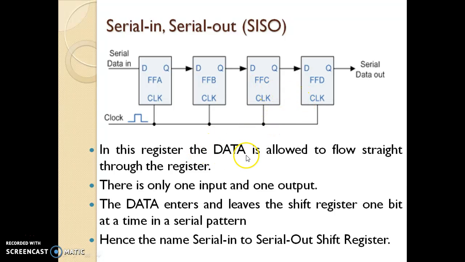In this register, the data is allowed to flow straight through the register, serially in and serially out. So there is only one input and only one output. Data enters and leaves the register in a serial pattern. Hence the name serial in, serial out shift register.